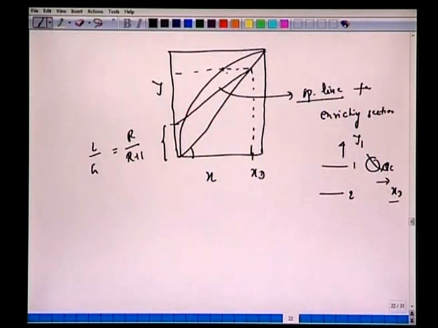So we have y_1 here. Let's mark this point. This y_1 is in equilibrium with the liquid at x_1. So we have this x_1, and now we have this y_2 connected by the operating line. So we have this second point y_2.